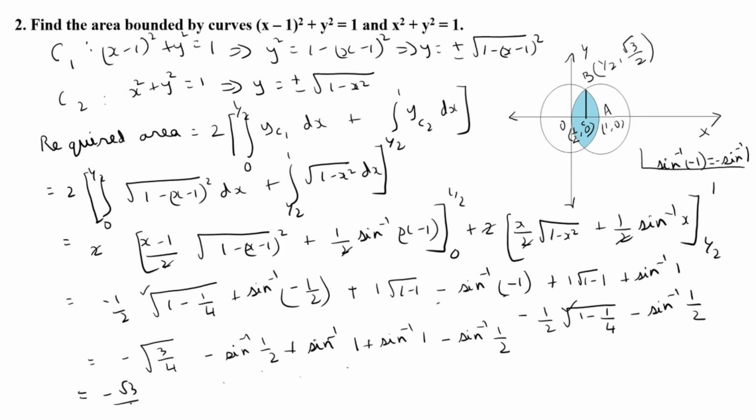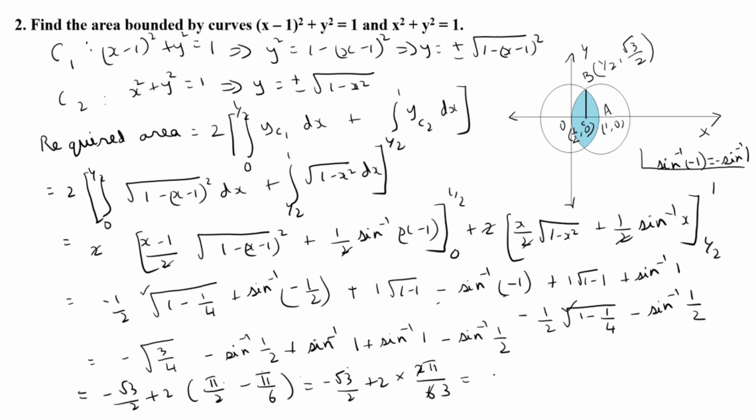minus root 3 by 2 plus 2 into sine inverse of 1 minus sine inverse of half. Sine inverse of 1 is pi by 2 and sine inverse of half is pi by 6. So plus 2 into pi by 2 minus pi by 6. So this is equal to minus root 3 by 2 plus 2 into, here it is 3 pi minus pi, which is 2 pi by 6.